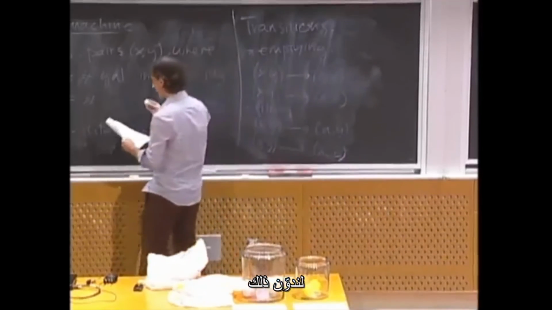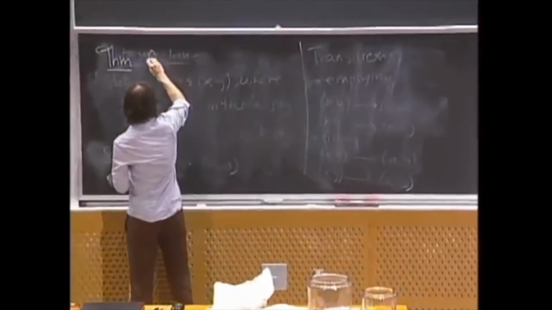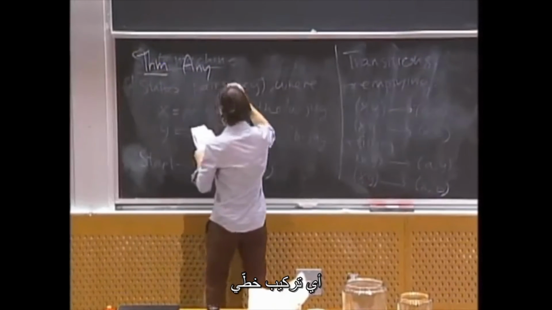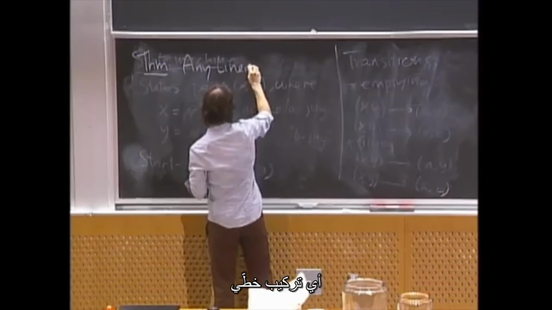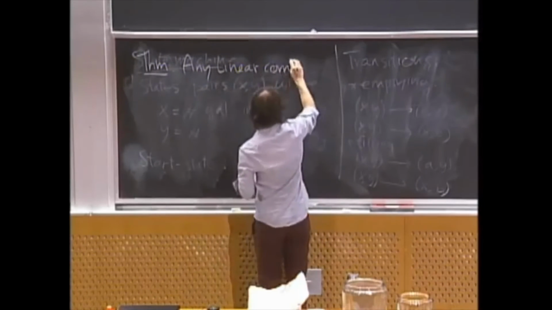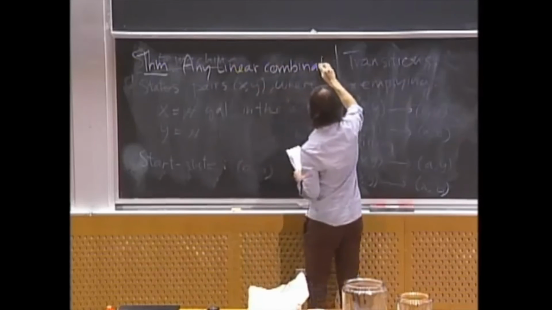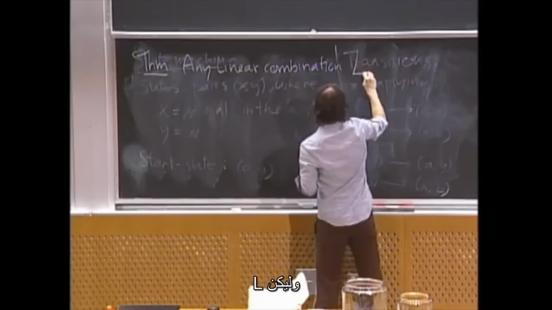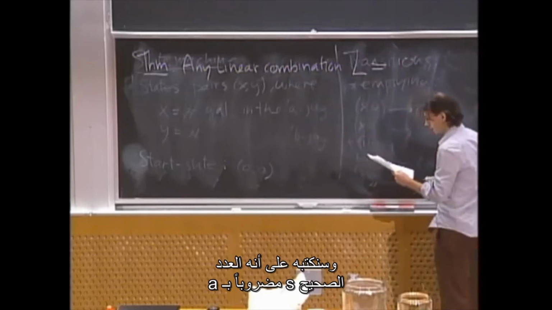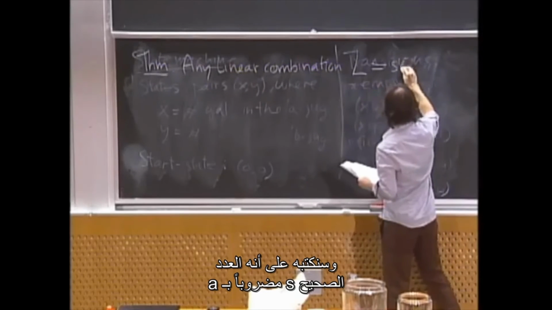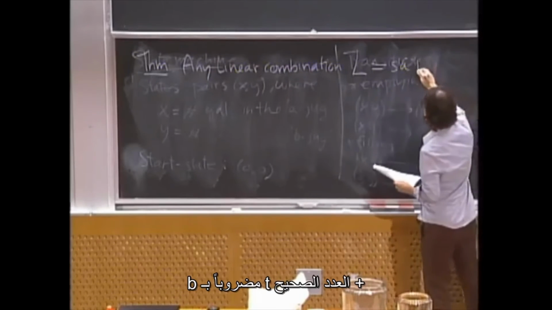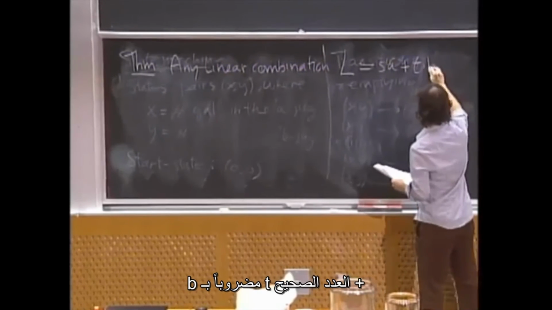So let's write it out. Any linear combination L, which we write as some integer s times a plus some integer t times b.